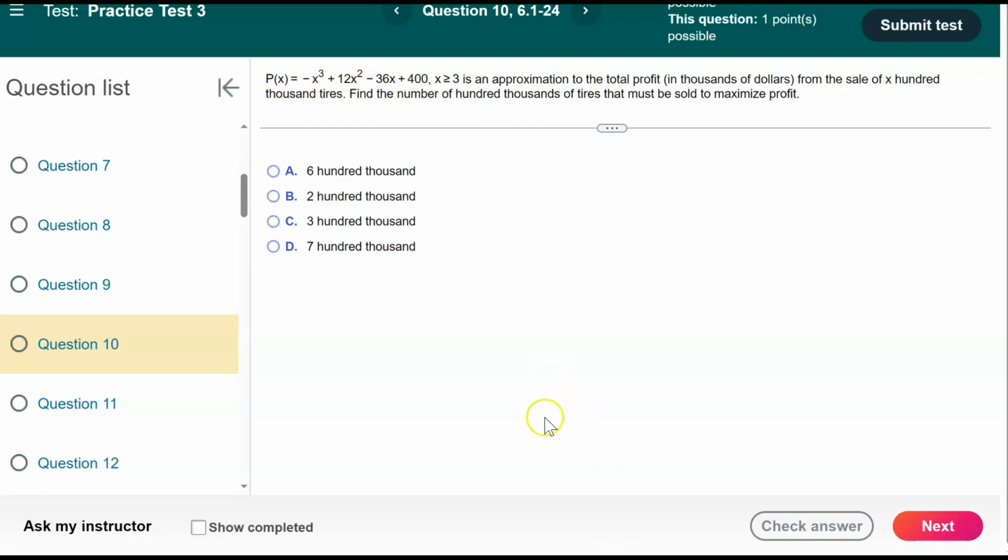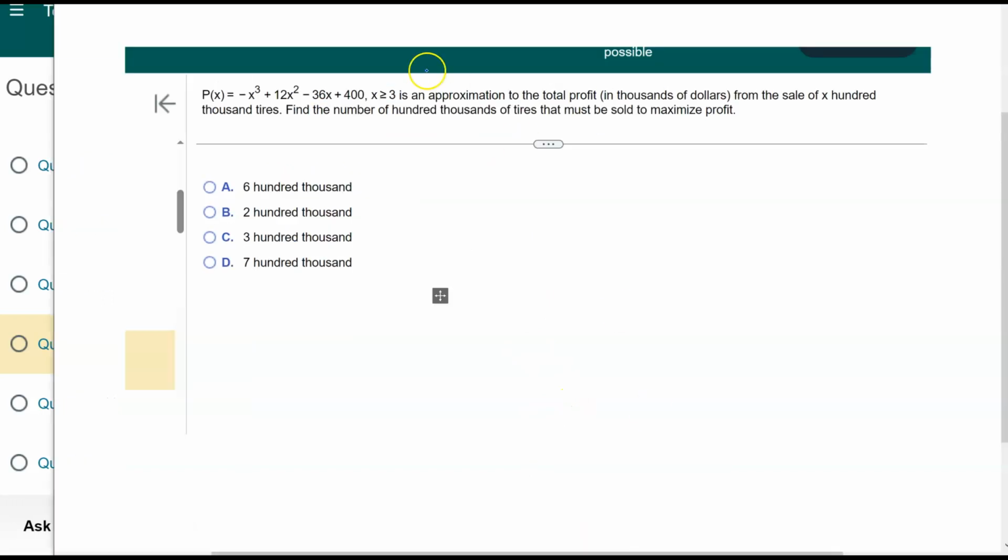So to proceed, we will first have to find the derivative of this function here. So let's get P prime of x, and that is equal to negative 3x squared plus 24x minus 36.